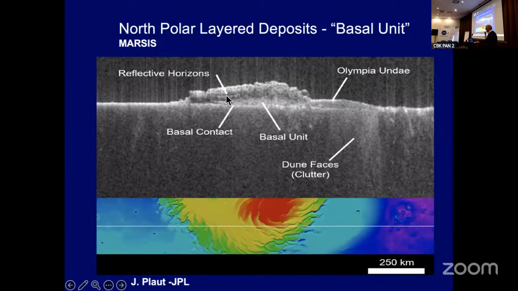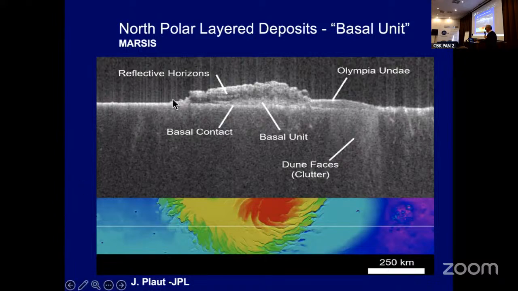What we see here is a different region below the surface in the polar cap, the north polar cap. This is the orbit. This is the trace. The white line is the trace of the antenna lobe projected on the surface.